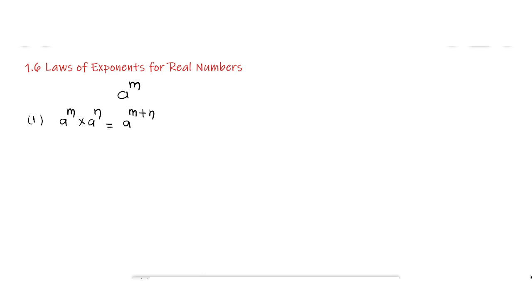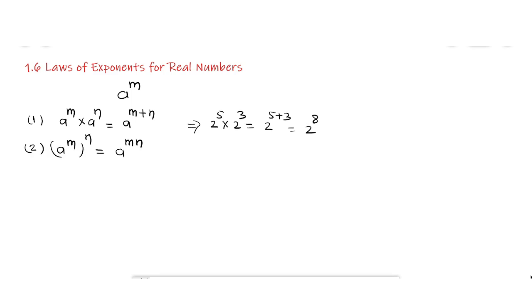So a to the power m multiplied by a to the power n equals a to the power m plus n. Here the exponential powers are added. Here I give the example for this: 2 to the power 5 multiplied by 2 to the power 3 equals 2 to the power 5 plus 3, equals 2 to the power 8.